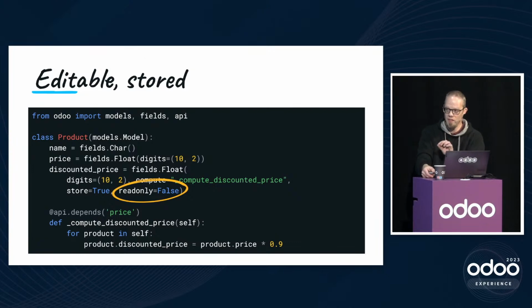Okay, so the field will be recomputed whenever the dependency is modified, but the field itself is not updated. In that case, when the dependency is modified, we update the field itself automatically.